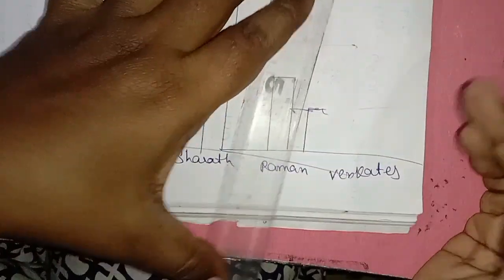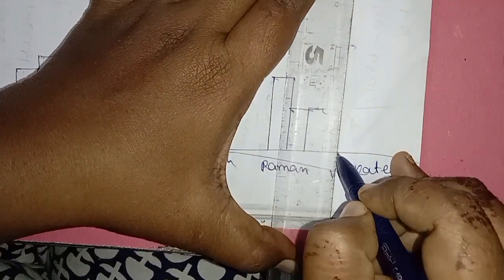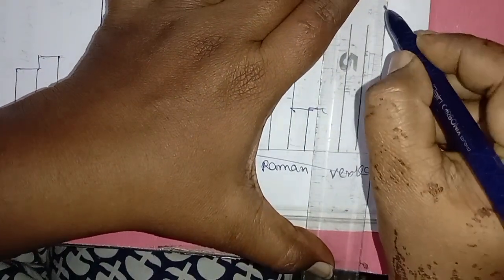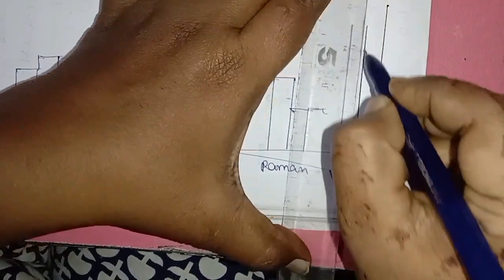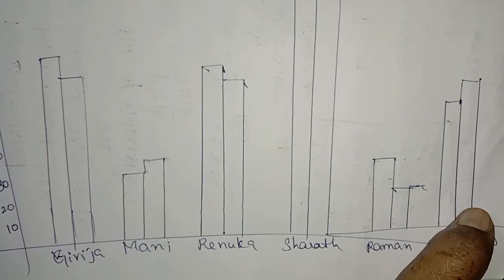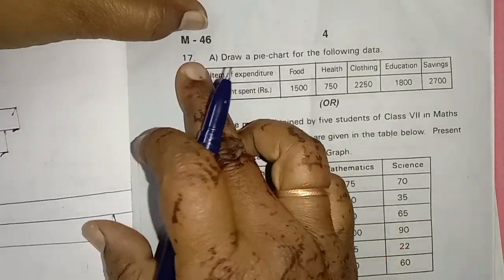Venkatesh 50, 60. So this is your graph. Do it on graph paper. Right? So the last question is 17A.